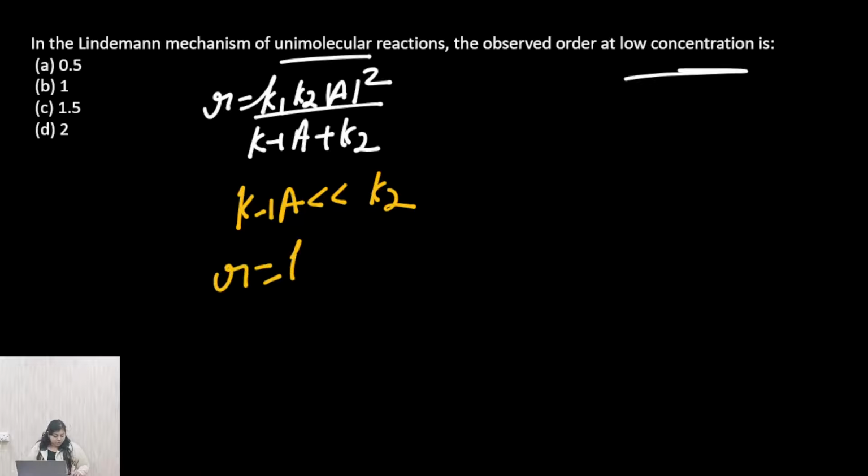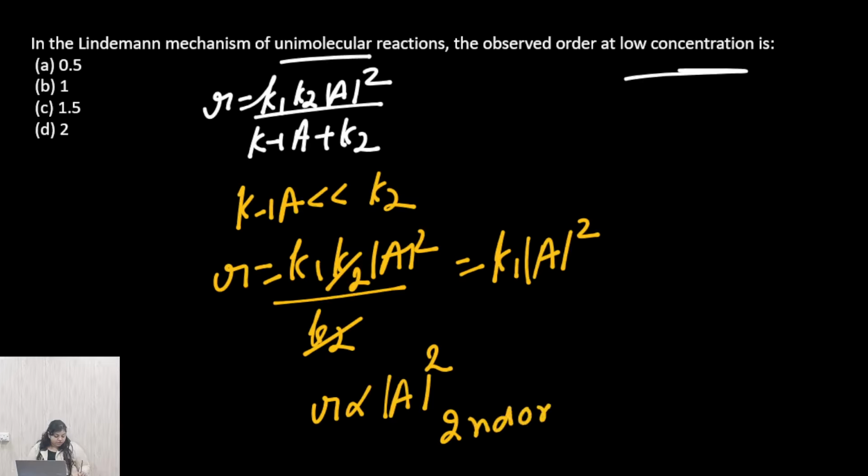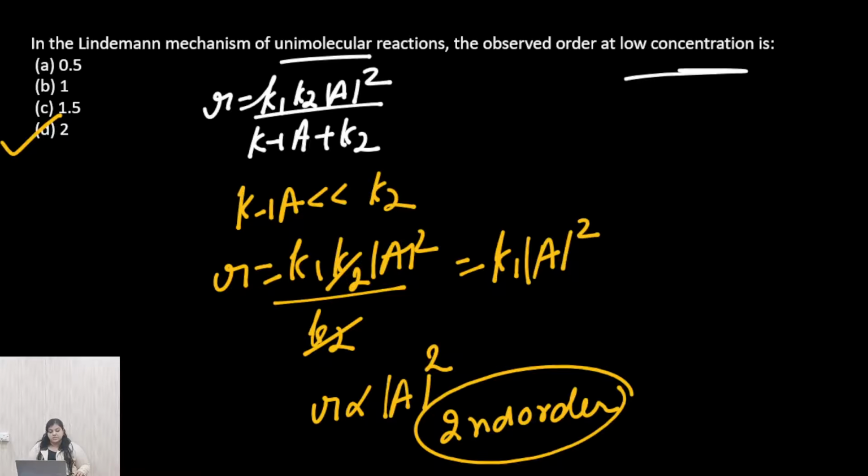Rate will become K1 into K2 into A square upon K2, right? K2 and K2 get cancelled out, which will come out as K1 A square, which means rate is proportional to A's concentration raised to the power of 2, which means it is following second order kinetics at low concentration, right? So the order will be 2 and D is the correct answer for it, right?